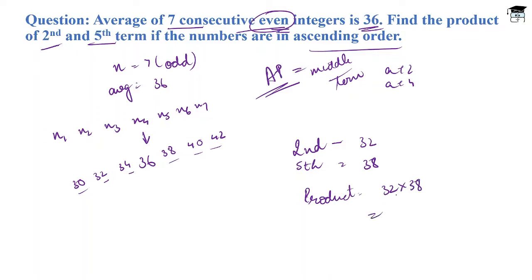And when will you calculate this 32 into 38? Pause the video, do the calculations, and you'll get the answer as 1216. So 1216 is our answer here. I hope this is clear to you all. Now you know how to solve these types of questions, right?